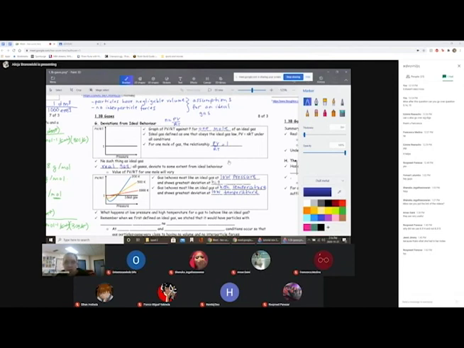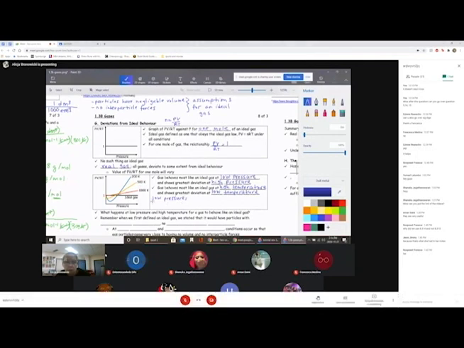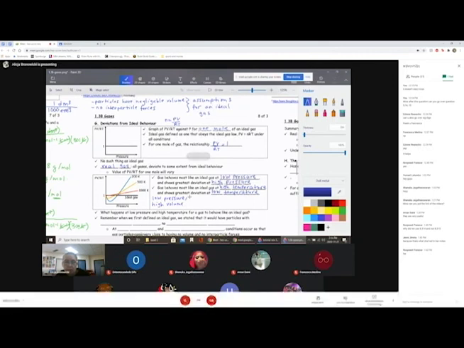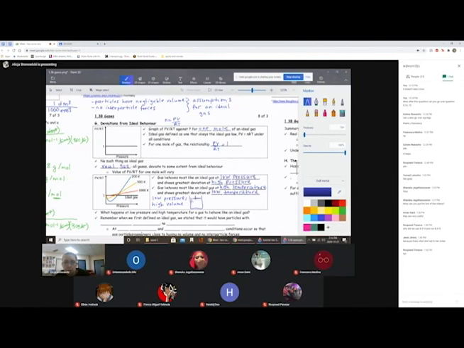Well, what's going on with pressure? This is how I think about it. When I think of low pressure, when I have a high volume, I have low pressure. When I have a high volume, my gas particles have more space, so my gas particles take up less space.